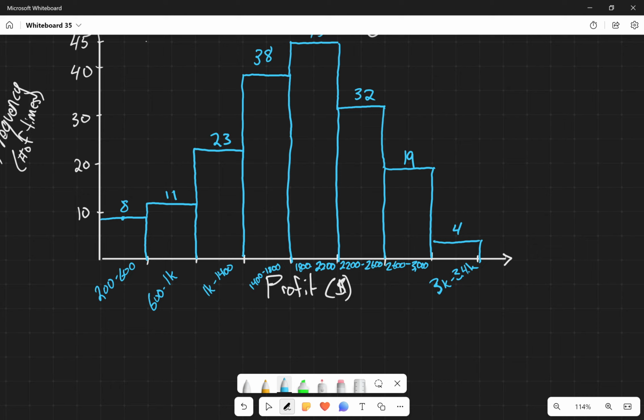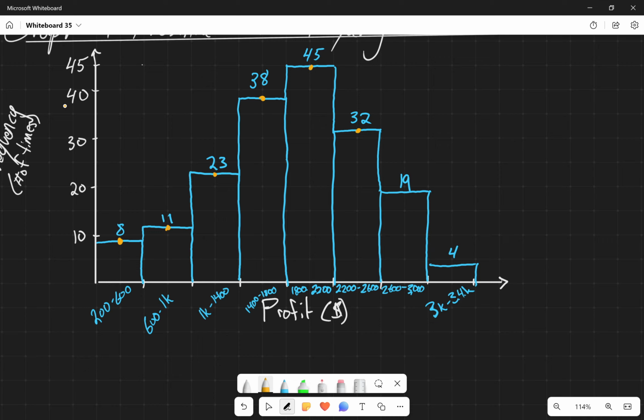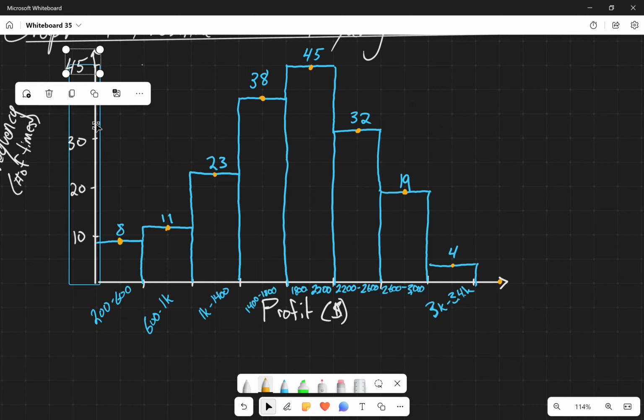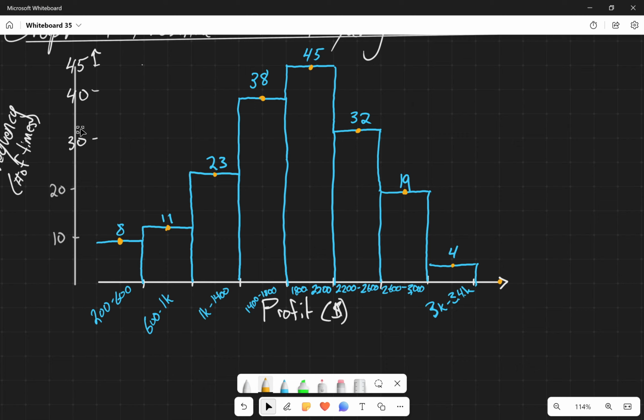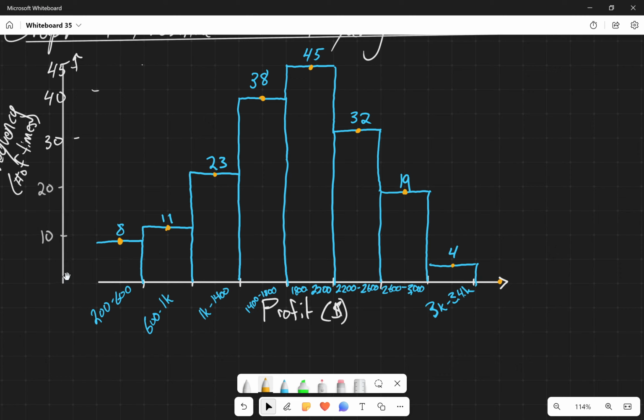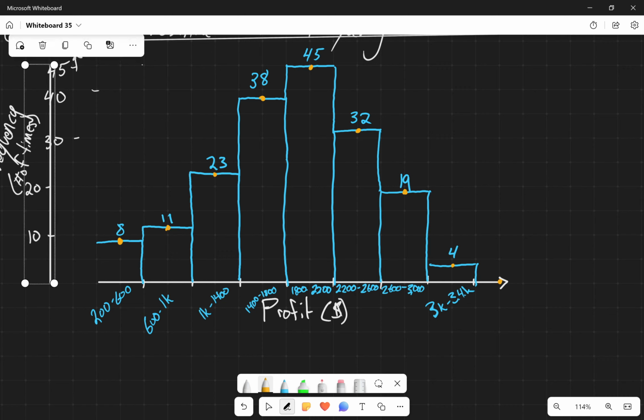We can take the midpoint of each one of these categories and link them. And in order to do this part, we do have to actually move this, to get me to a 0 point over here.